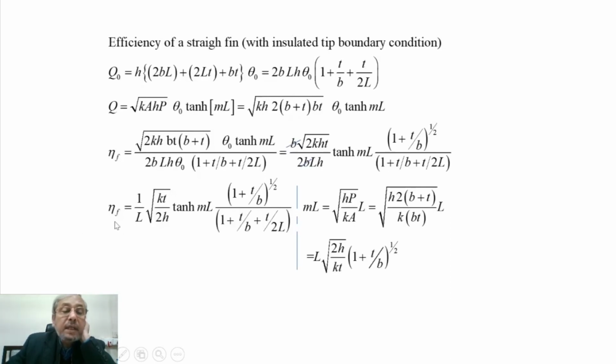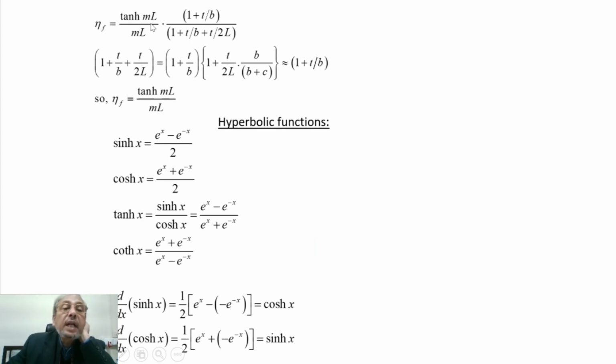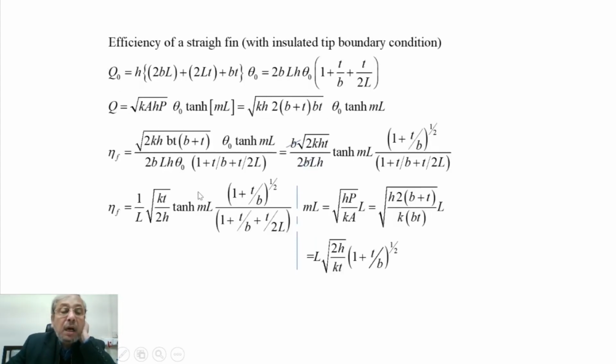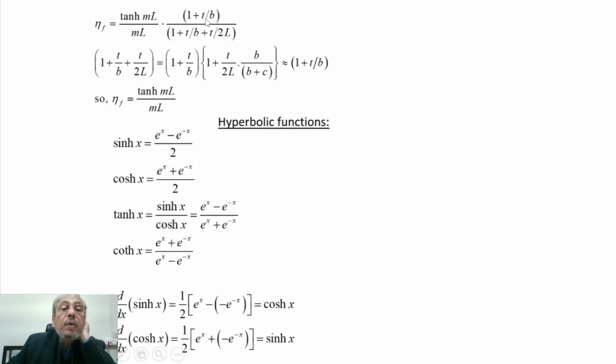Here we can write eta f equal to tan hyperbolic ml into all these remaining terms, which basically constitute ml and by ml into 1 plus T by B plus T by twice L. Now 1 plus T by B plus T by twice L can be approximated as 1 plus T by B. This ratio is close to 1.